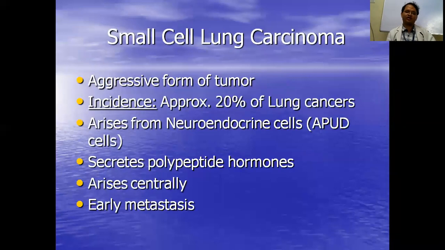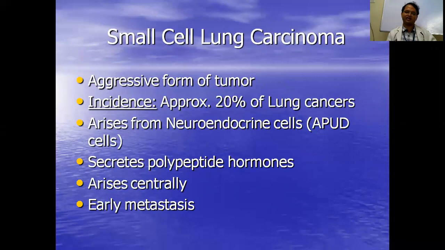Coming to the small cell lung cancer, this is a very aggressive type of tumor which spreads early. The incidence, as I have discussed, is around 20% of the total lung cancers.